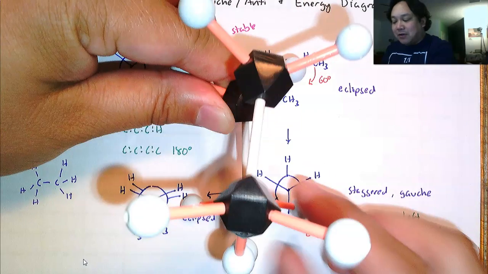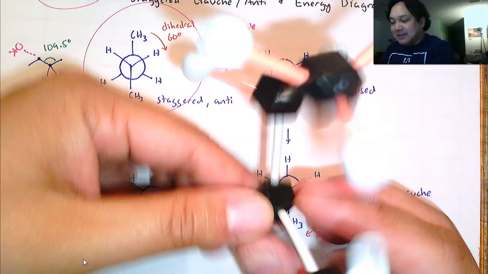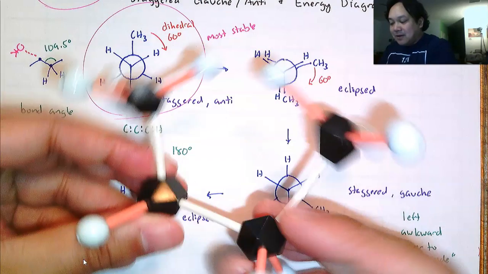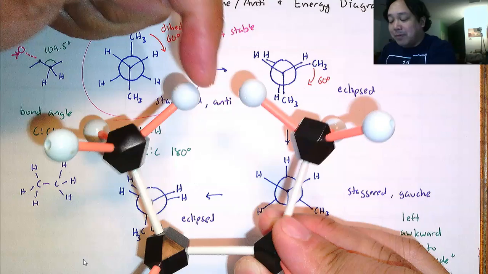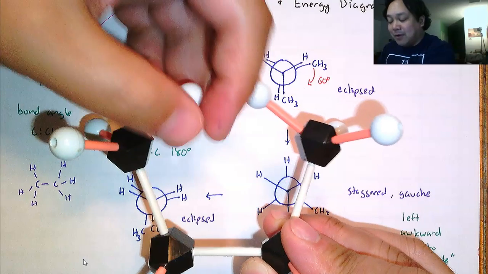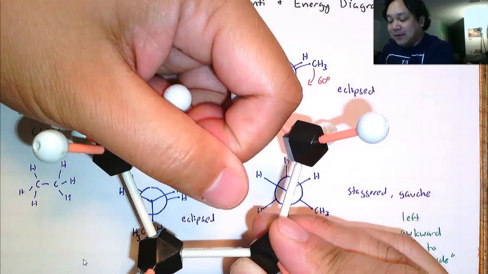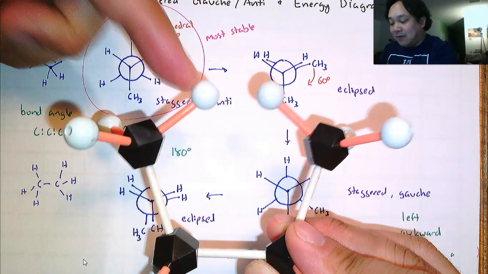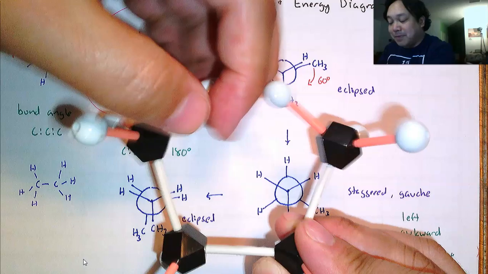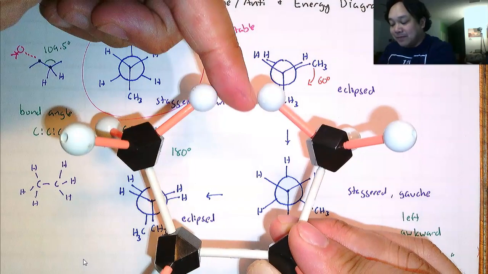Take a look at how close these hydrogens are now when I put it on this side. They're right there. They're definitely going to be bumping in real life when you space fill these, when you give them some bulk. Hydrogen's not this tiny relative to the molecule. It's bigger. You could have bumping.